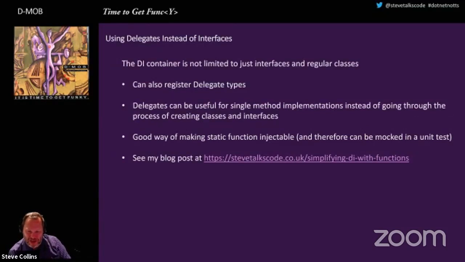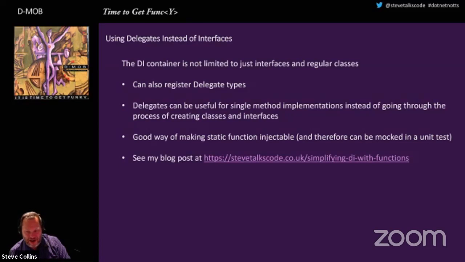But the key takeaways from it, as far as I'm concerned, is there's two things you can do. It opens up the possibility of having named or keyed registrations. And it also gives you a way of hiding static functions by making them injectable.